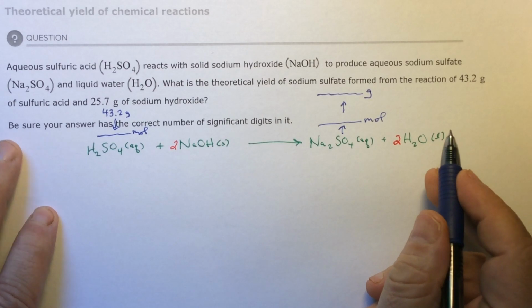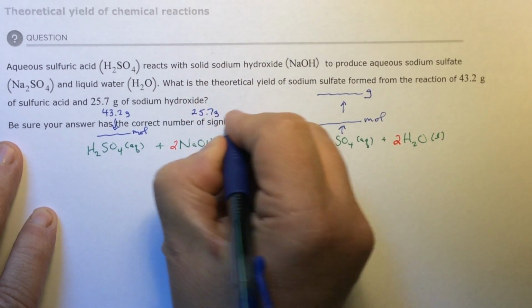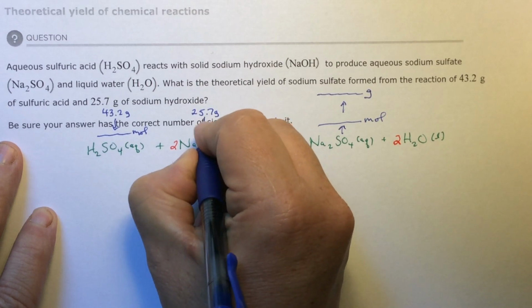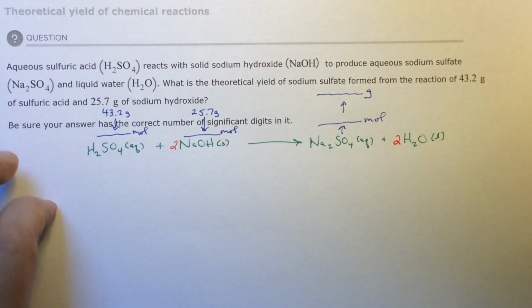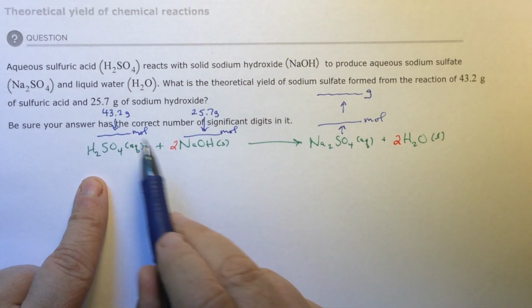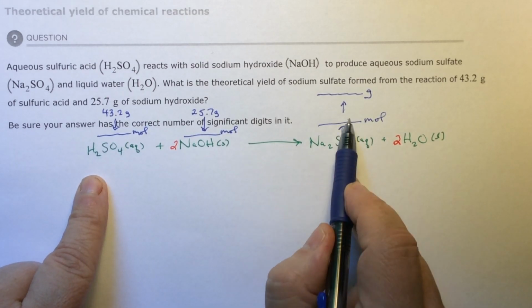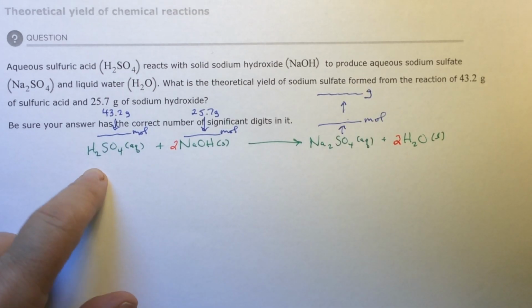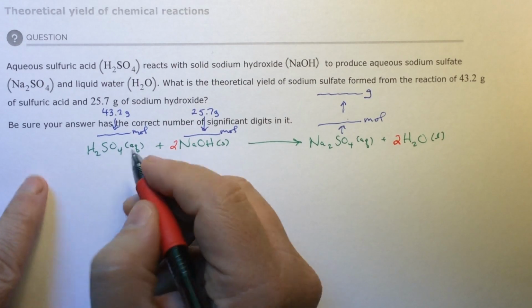And then the other one is 25.7 grams, and we want to find out how many moles that is and go through. Now, we will do it twice and figure out which one's the smaller amount of moles, and we'll put the smaller amount of moles here and then find out how much stuff we can make. All right, so it doesn't matter what order we do it in. Let's do it in this order first.